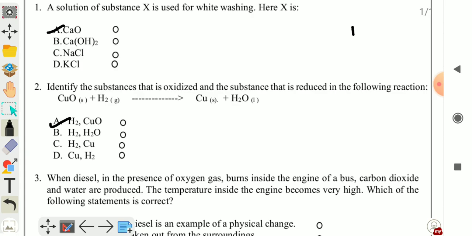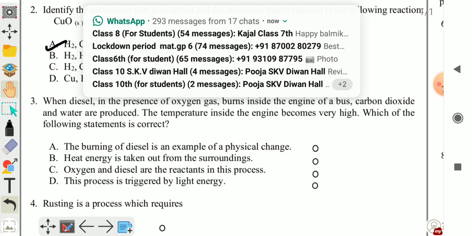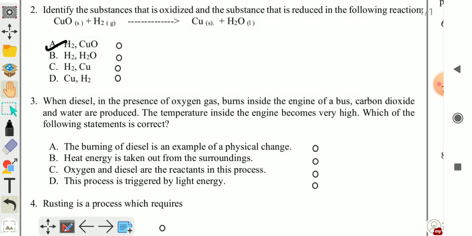Next question. When diesel burns in the presence of oxygen gas inside the engine of a bus, carbon dioxide and water are produced. The temperature inside the engine becomes very high. Which of the following statements is correct? The burning of diesel is an example of physical change.